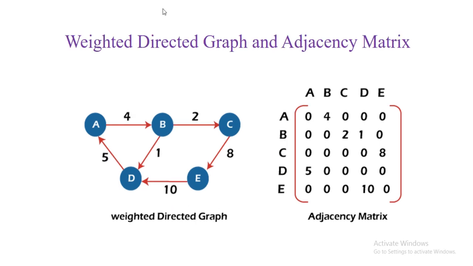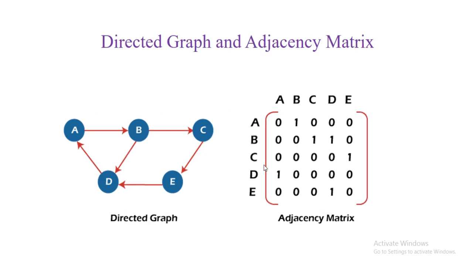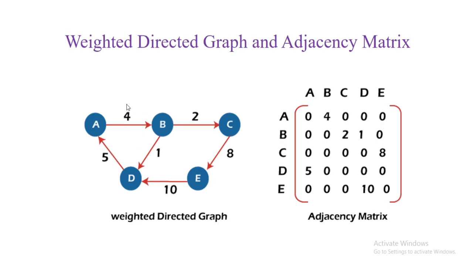Next is the weighted directed graph and adjacency matrix. See, in this example direction is given. So you can mark the 1 if the edge is present. But if a weight is assigned to this edge, then at that time you need to write the weight at that location, means A to B. A to B, write the weight 4.